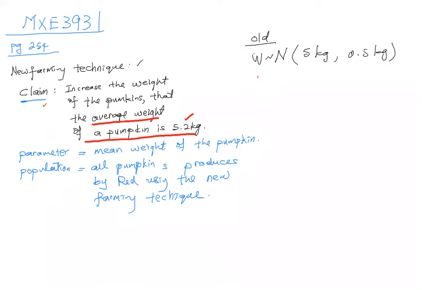Before we go on, what do you mean by sampling? Taking a random pumpkin out of the population. Yes. Sampling means you take part of the population. If you look at part A, the sampling distribution, that one I will explain later.